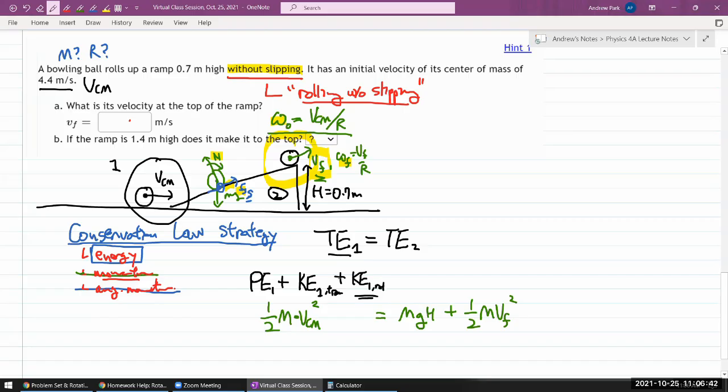And it's this rotational kinetic energy that we have forgotten in our previous attempt. And that is going to equal the potential energy at snapshot 2 plus, again, the translational kinetic energy and the rotational kinetic energy. Oops, that should be 2. Kinetic energy 2, rotational. So I need to put these forms in.